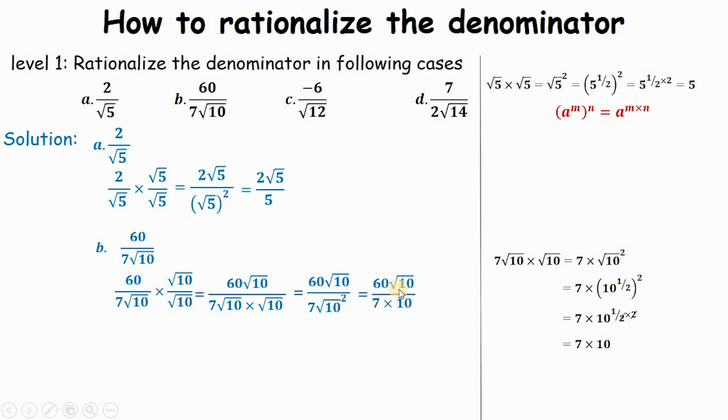So you'll write 60 into root 10 by 7 into 10, which is equal to, now here again you'll cancel the numerator 60 and denominator 10. 10 sixes are 60 and 10 ones are 10. So the final answer you'll get is 6 root 10 by 7. Now in the final answer you'll see that the denominator is a rational number. Therefore we have rationalized 60 by 7 root 10 as 6 root 10 by 7.